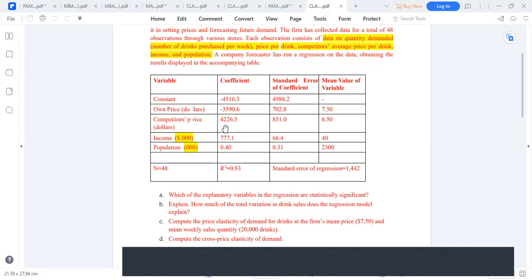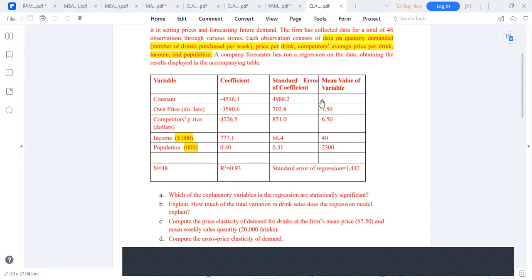Negative 4516.3. Okay. So we can divide this by the standard error. We're going to get a value which is 0.905. So which of these values are statistically significant?